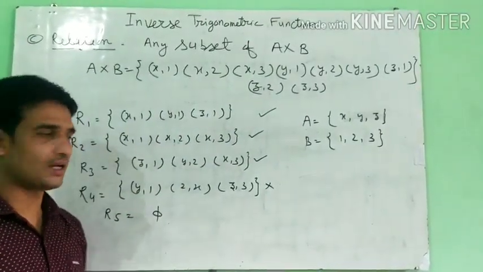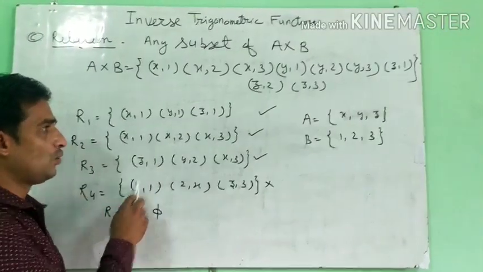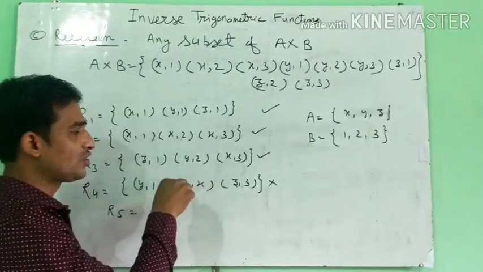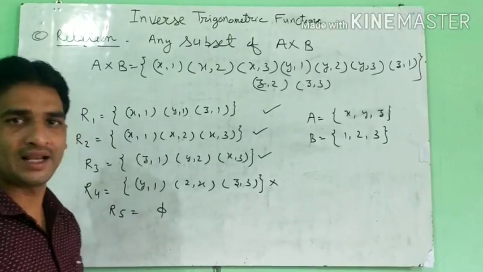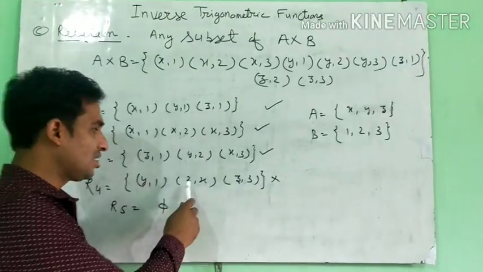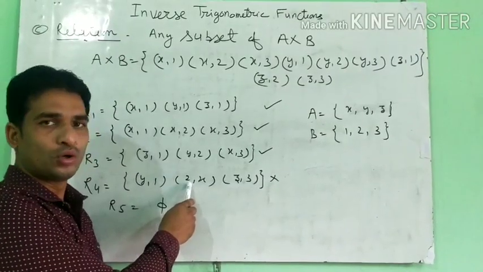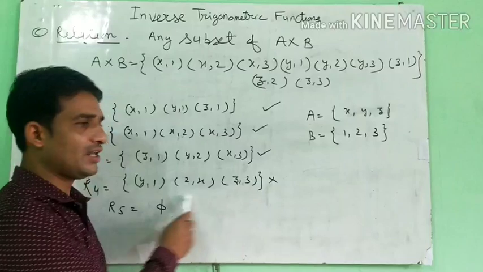Now, if we consider the set R4, Y belongs to the first set, but the first element 2 does not belong to set A. It means there exists an element, 2, which does not belong to the first set, so it is not a relation.